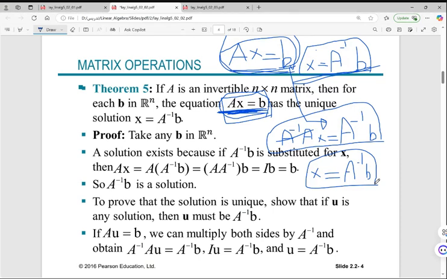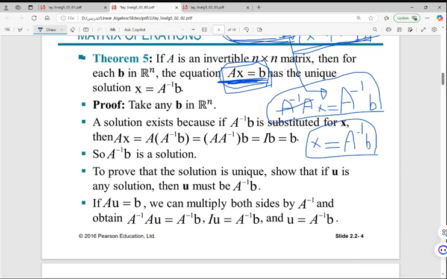Then A is invertible. So over here, we check if Ax equals B has another solution like U. Then U should be equal to A minus 1 B. So suppose that U is a solution. AU equals B. Then we multiply both sides by A minus 1.